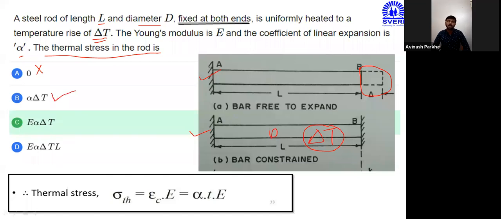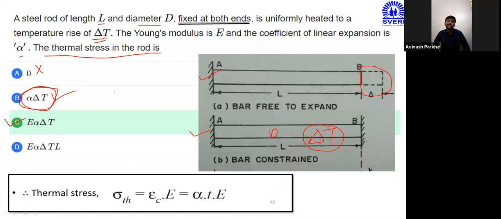Then the second option, alpha into delta T. This alpha into delta T is applicable for the thermal strain. This is the formula for the thermal strain. And if I multiply this strain value by the Young's modulus, that answer will become the thermal stress.